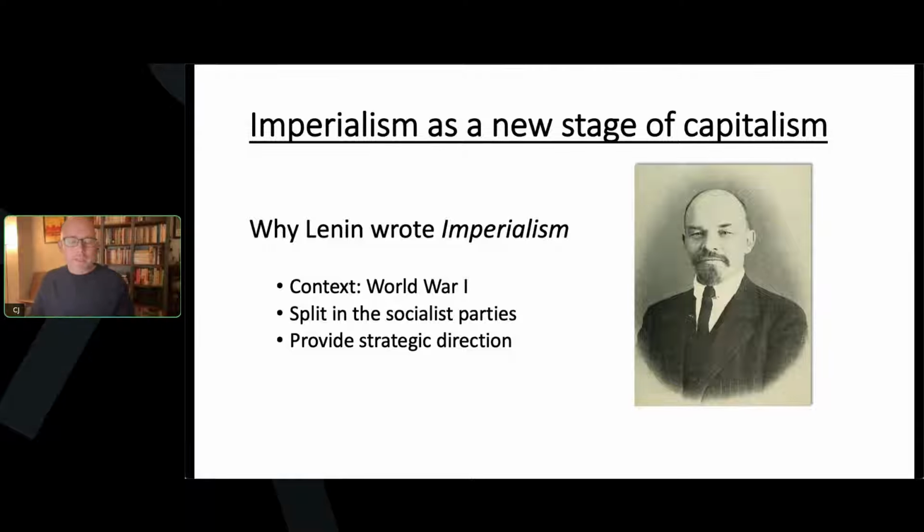He was one of several around that time. Others included Nikolai Bukharin, who wrote Imperialism and World Economy, Rosa Luxemburg with The Accumulation of Capital, and Rudolf Hilferding, who wrote Finance Capital. That was a few years before, but the world was changing so much in this time. A lot of Marxists were trying to grapple with what was happening to world capitalism.